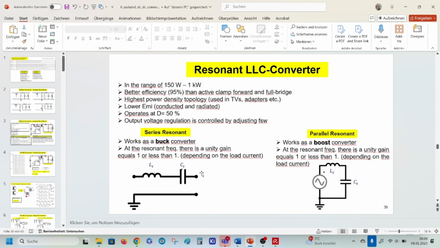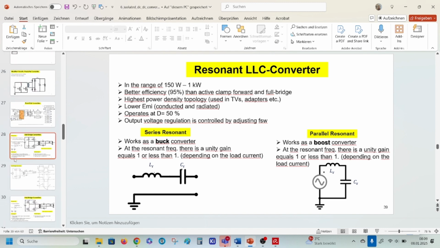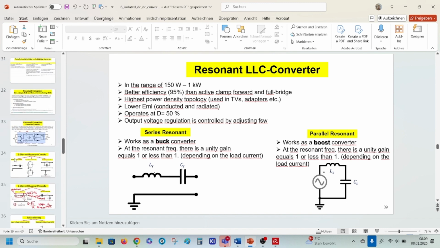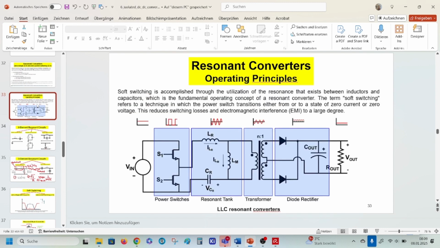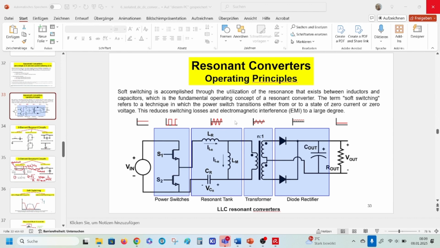What is a resonant LLC converter? It seems that it doesn't work.